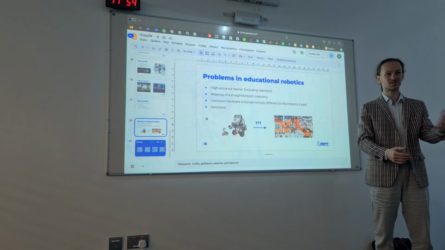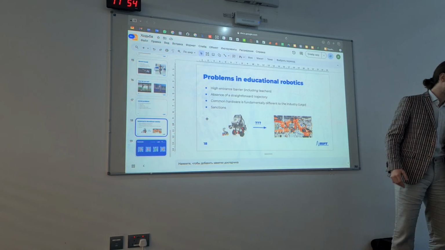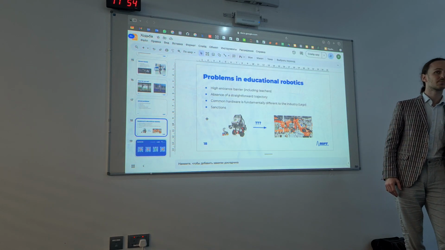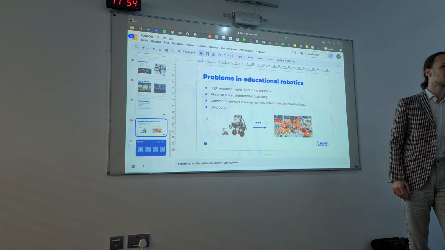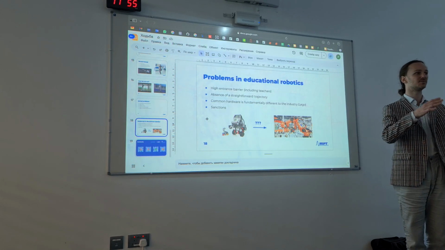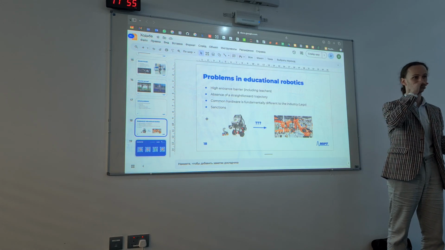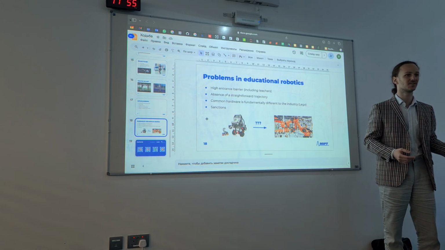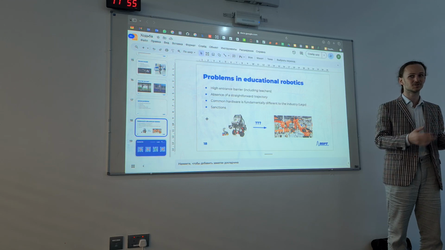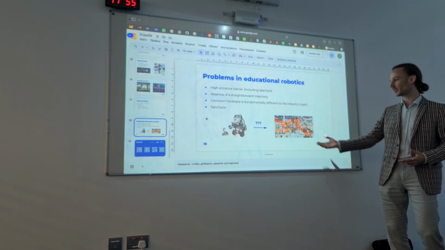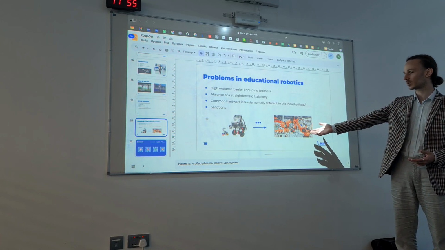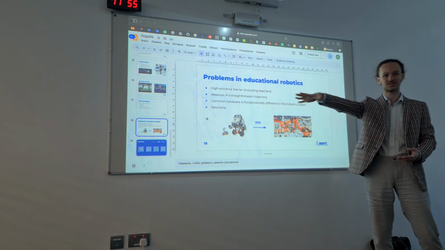It depends on the country, but this is a pretty common problem. And there is a very huge gap between what is usually perceived as robotics by, say, parents, which means Lego, Arduino, that kind of thing, so very small, easy controllers, and the real practice, like these KUKA hands that pick and place stuff.